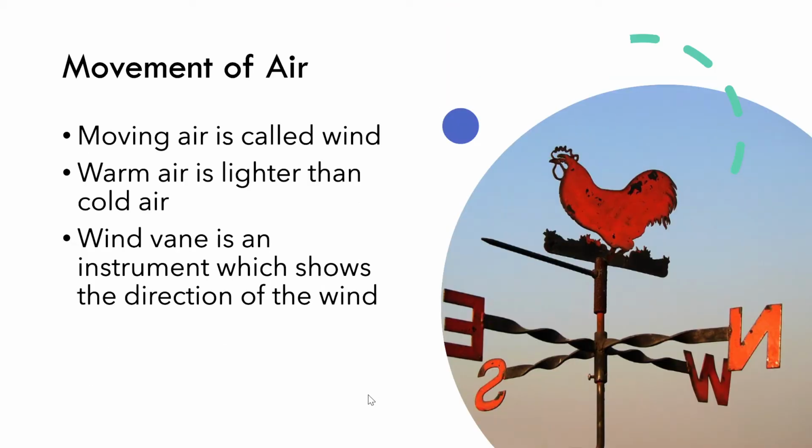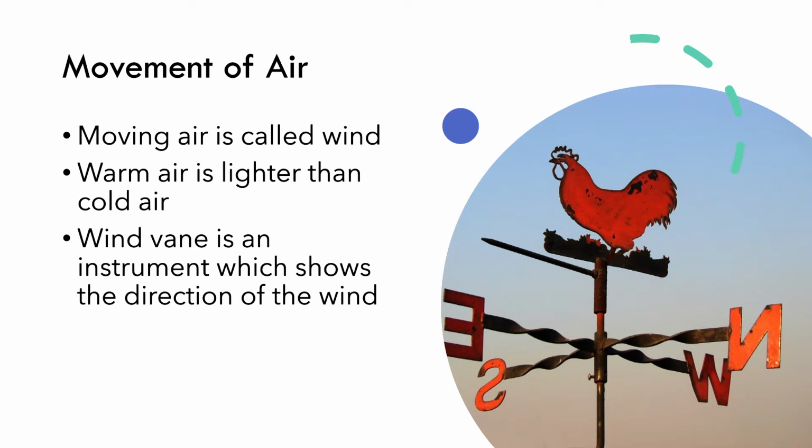So, what is movement of air? You all know that warm air is lighter than cold air. When the air is heated by the sun rays from the rivers, oceans, what happens?